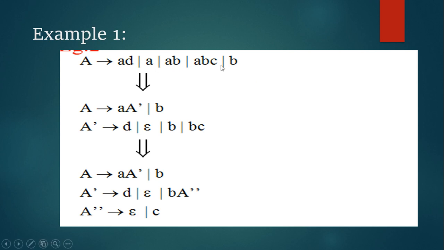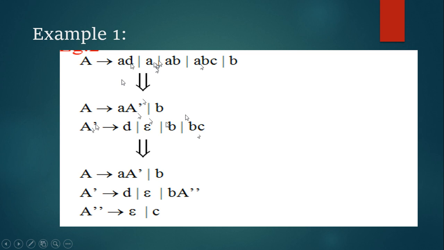D, epsilon, B and BC are represented as A dash, and B is written as it is. So our A dash is nothing but the remainder after the common prefix: D or epsilon, where nothing is there it is considered epsilon, then B and then BC.